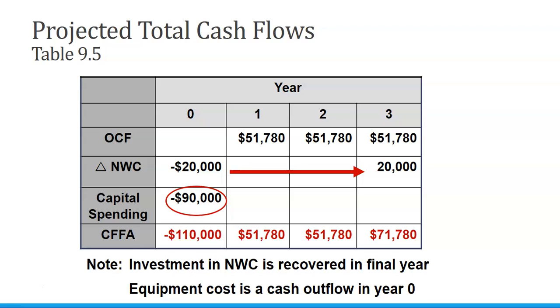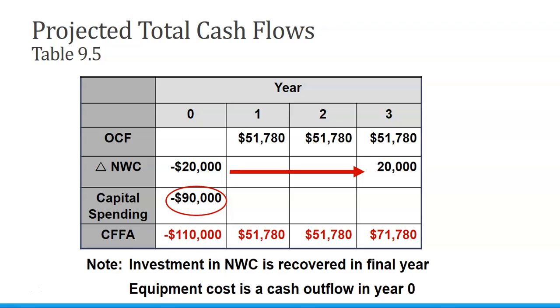Now we can project our total cash flows. The net working capital is required at the beginning of the project and then is recovered in the final year of the project. In the beginning of the project, we have net working capital that we're devoting to this project of 20,000, and we have the initial cost, which is 90,000.